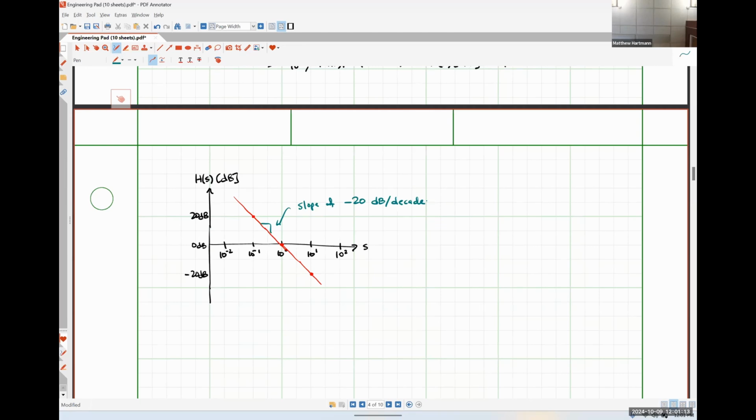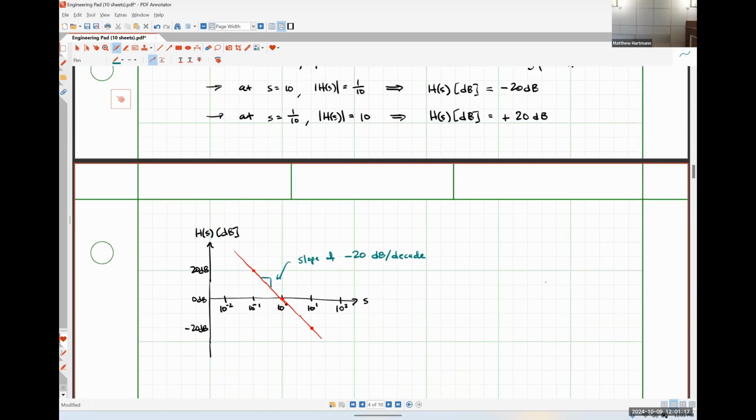So every pole at the origin is going to have this frequency response.